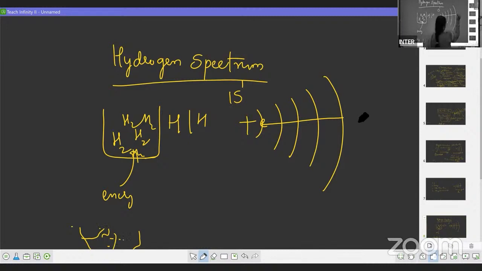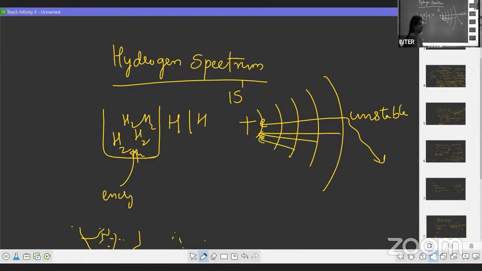As I told you, in the higher state the electron is unstable. It will try to get stability by losing that excess energy in the form of radiations, and it will try to come back to the original state either in a single step or in several steps. In that way, 4 different spectral lines are formed.